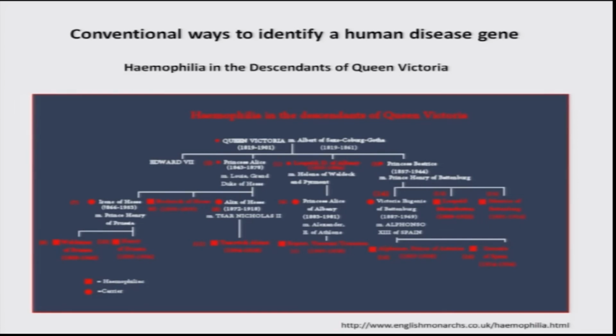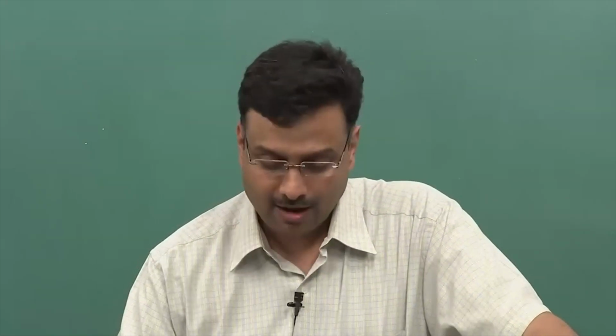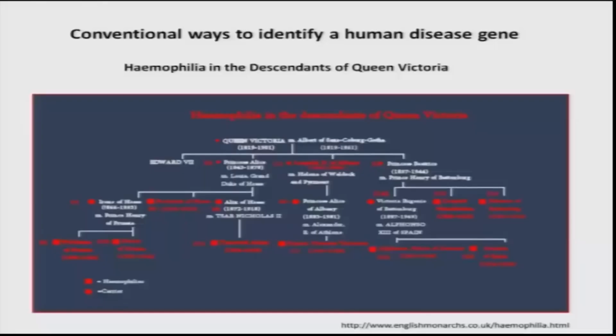It was a very, very severe condition, because in this condition the blood will not clot. As a result, unless you are very careful, you are going to have an extremely high volume of blood being lost because of some injury or cut or anything. You can see here that the queen herself was not affected, she was all right, but she is expected to be a carrier, and it is perceived that the mutant gene could have come from her father.